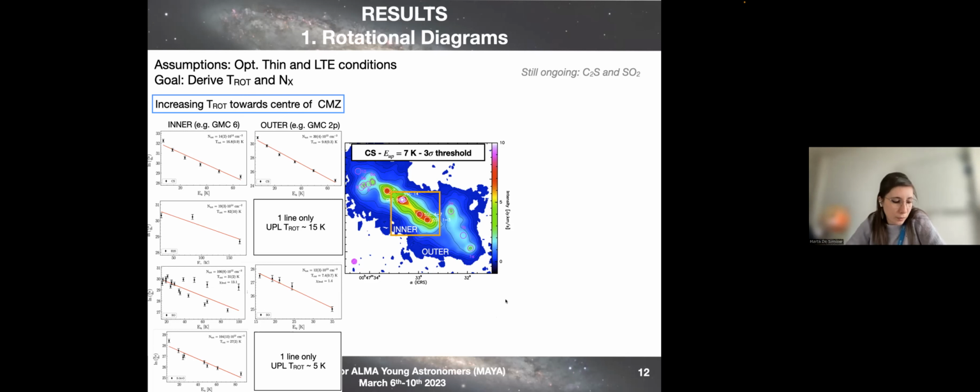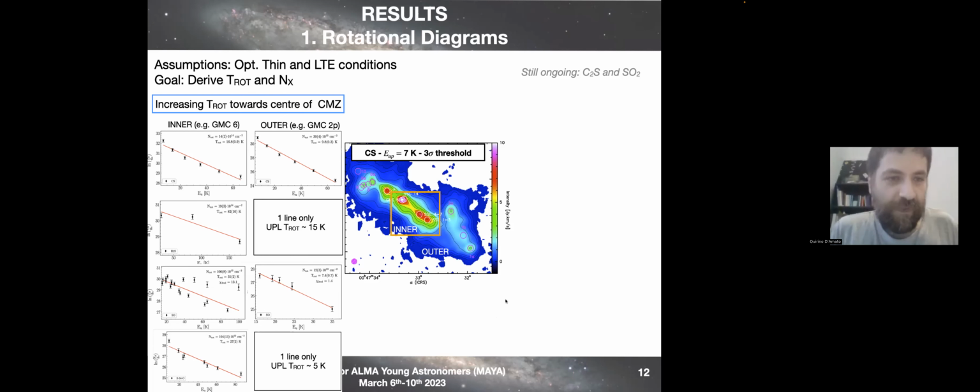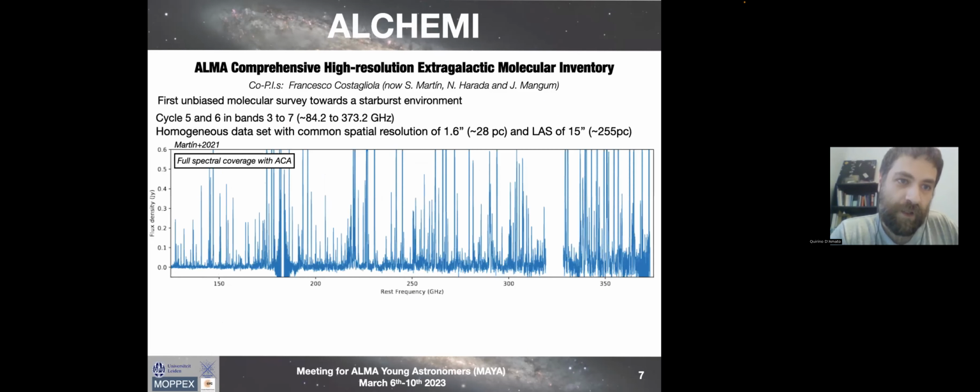So I'm not an expert of the local universe, but I don't know if this galaxy actually matches the definition of starburst galaxies. I think it has a star formation rate of a couple of solar masses per year, which is more or less the star formation rate of the Milky Way.